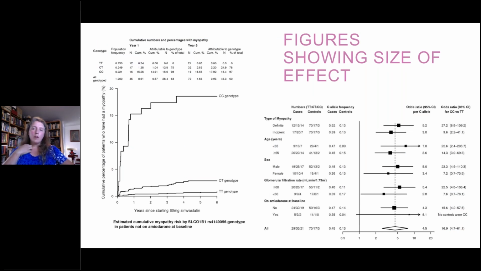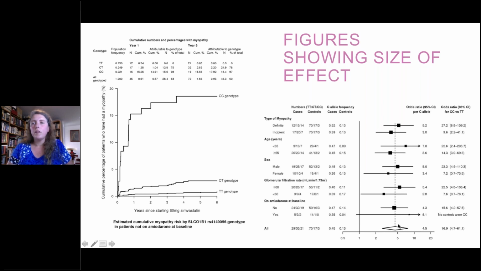We could also choose to show effect with different figures. So this is just an example from another type of study. This plot on the right is actually called a forest plot. In this instance, our main result of the study is this odds ratio for an outcome among all of the patients that were studied.